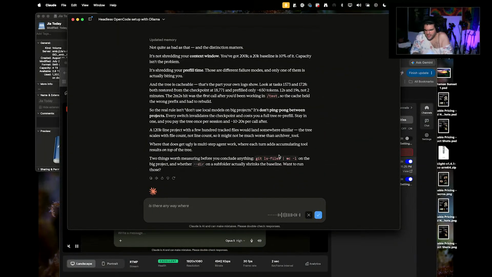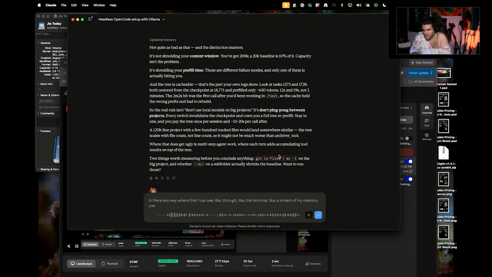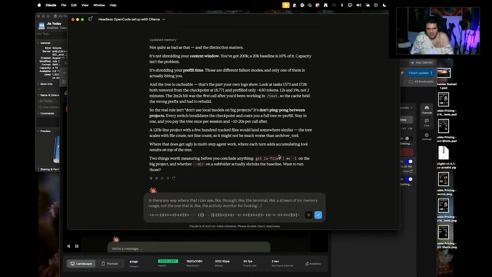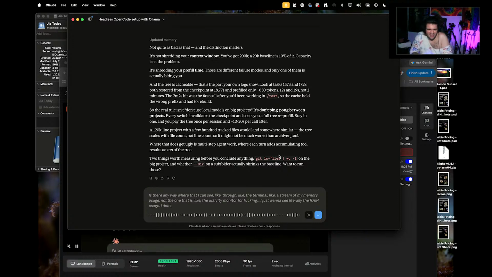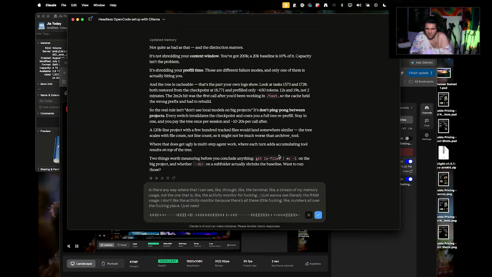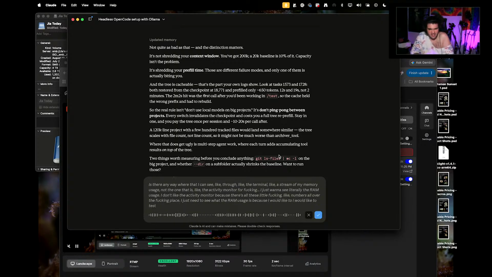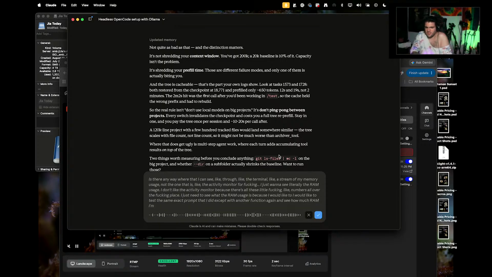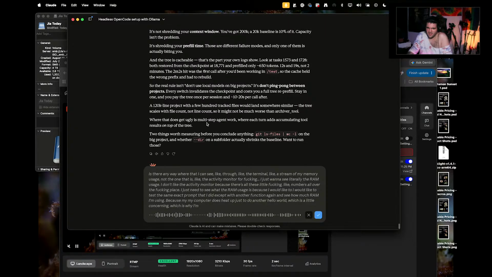Is there anywhere I can see, through the terminal, a stream of my memory usage? Not the Activity Monitor, I just want to see literally the RAM usage. I don't like the Activity Monitor because there are all these little numbers all over the place. I just need to see what the RAM usage is, because I would like to test the same exact prompt that I did, except with another function again, and see how much RAM I'm using, because my computer does heat up just to do another hello world, which is a little concerning.